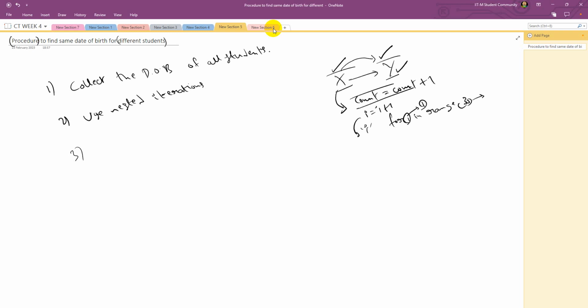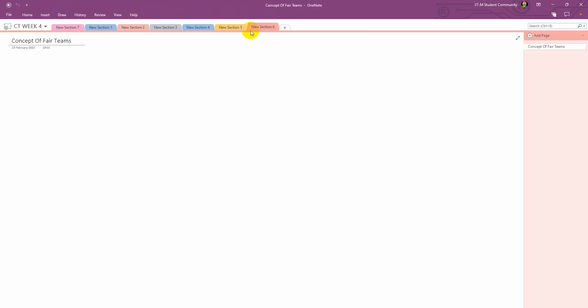Using these nested iterations is done to compare the date of birth of each student with all the other students in the data set. This is the procedure to find the same date of birth for different students.